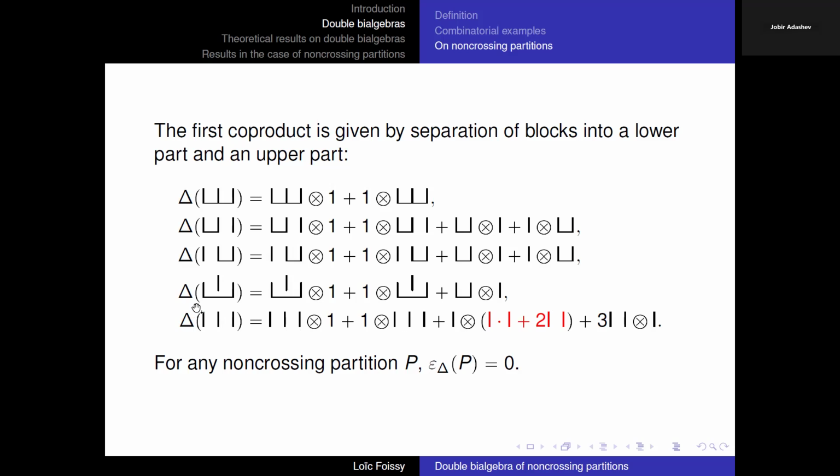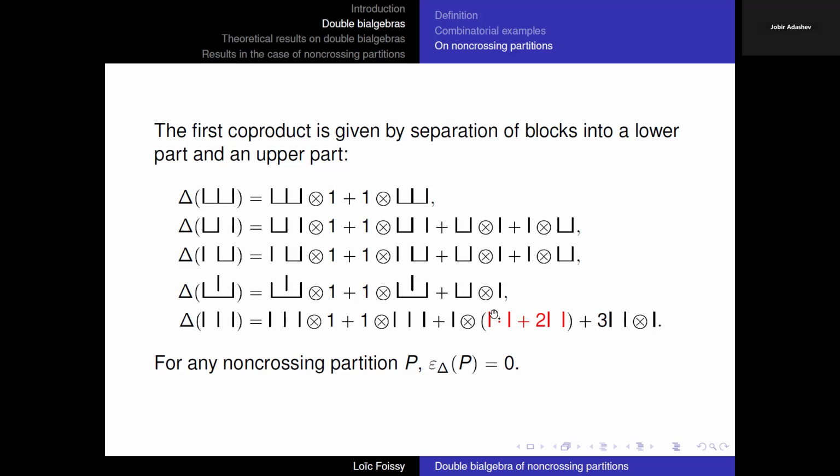Or you can choose to put this and this on the right. But these 2 blocks are separated by another block. So this does not give a non-crossing partition, but a product of 2 non-crossing partitions of size 1. So if you separate this and this on the right, they become a monomial of 2 non-crossing partitions with a dot.